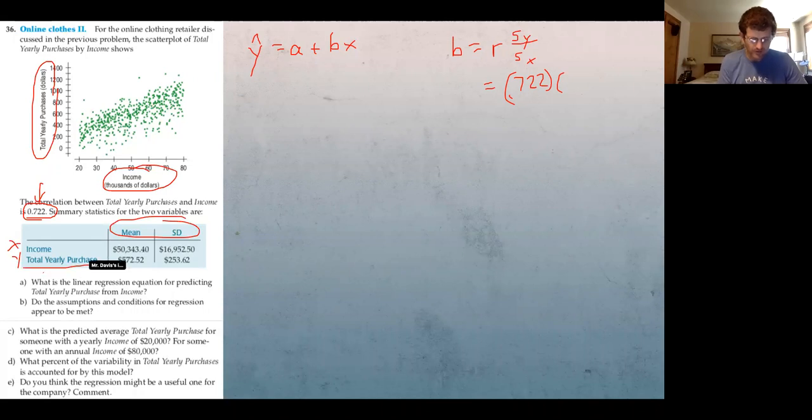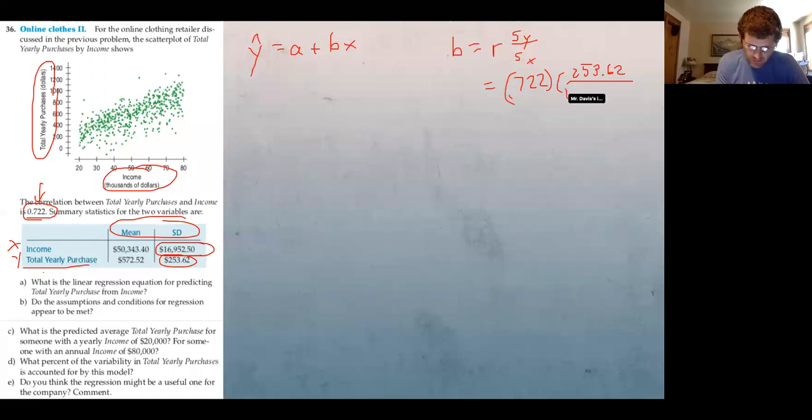So the standard deviation of Y is 253.62. Standard deviation of X is this one right here. So standard deviation of yearly income, 16,952.50.